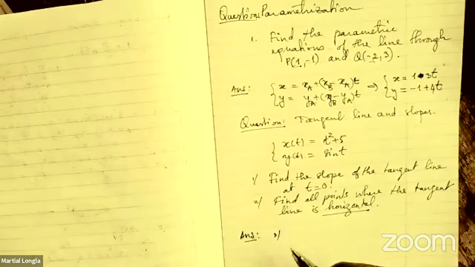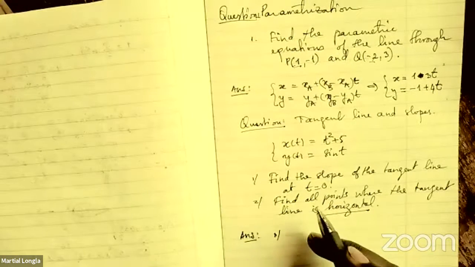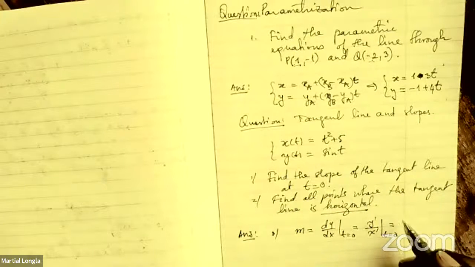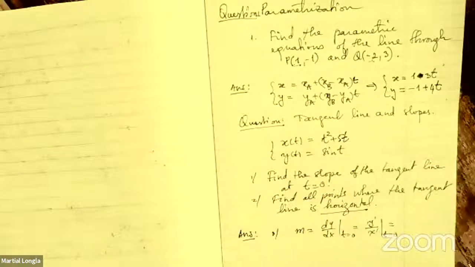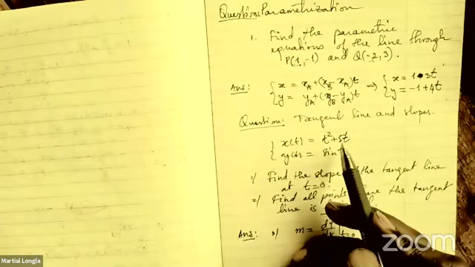So for 1, find the slope of the tangent line when t is equal to 0. You have m equals dy over dx when t equals 0, which is y prime over x prime when t equals 0. The problem is x equals t squared plus 5t.